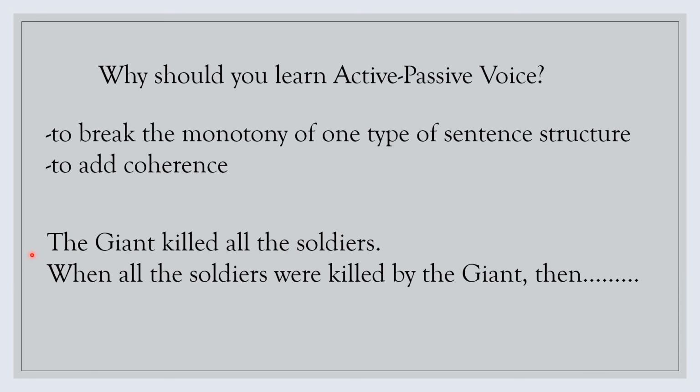Active voice, supposing you're writing a story and this is one line in the story. The giant killed all the soldiers. Now you want to tell the same thing in your subsequent lines. This is the way you will write: when all the soldiers were killed by the giant, then this happened. So imagine if you didn't have passive voice, then how would you write?